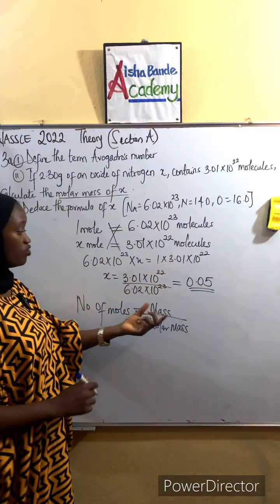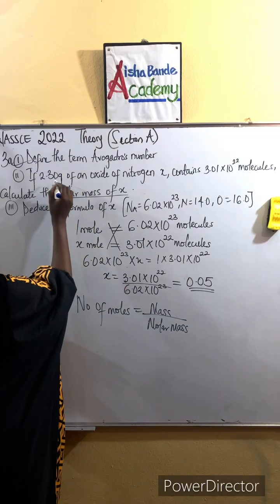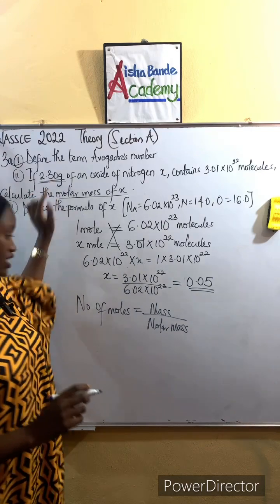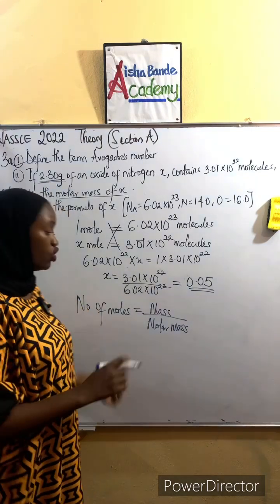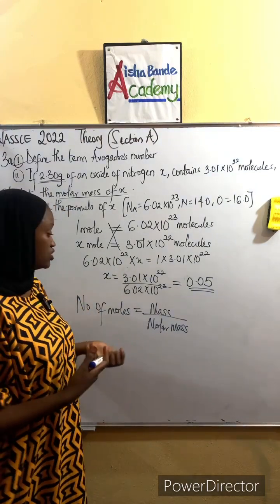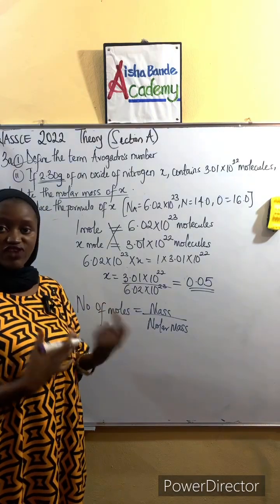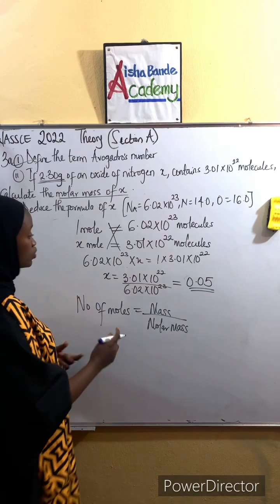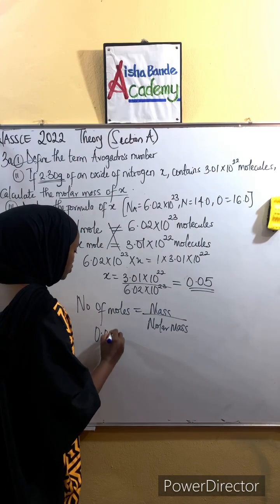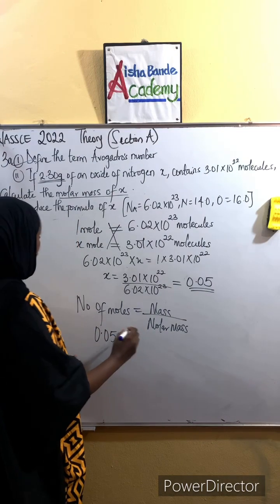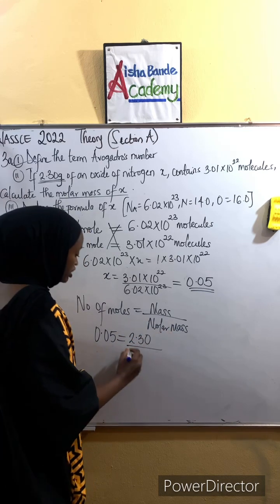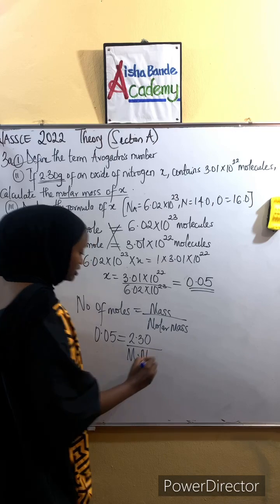We have the mass of X, which has been given in the question as 2.30. So we have to get the molar mass. All we need to do at this point is to substitute in the values. The number of moles, 0.05, is equal to the mass, 2.30, all divided by the molar mass. Let's call the molar mass mm.